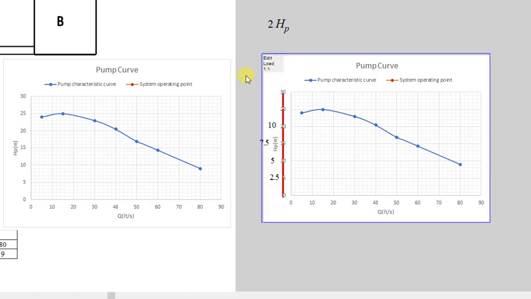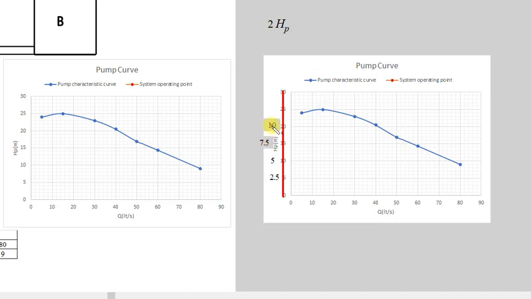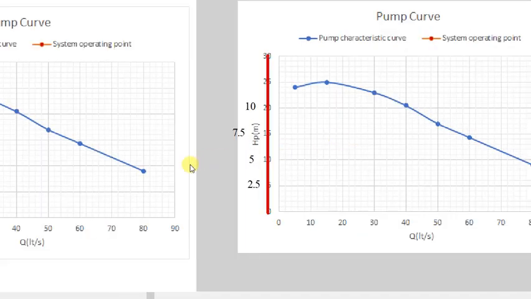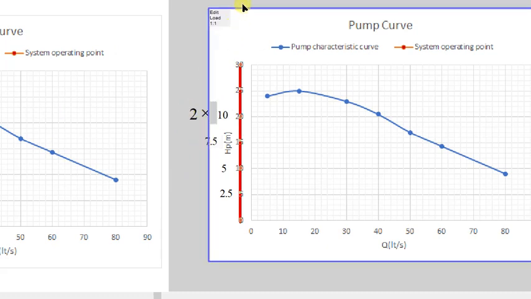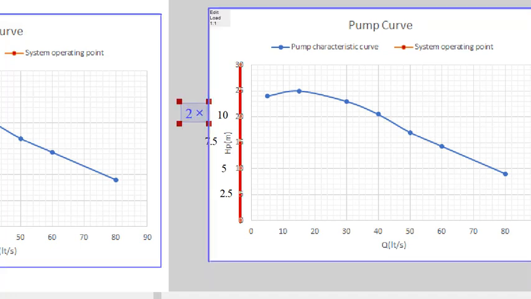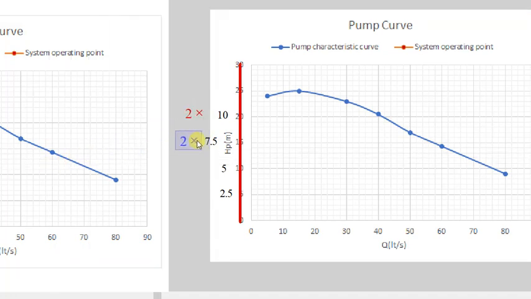So what we will do is that we only cancel the old ones, these ones, 2.5 and 5, and we should just make it double, so multiply by 2. Each is just multiplied by 2 at each point.